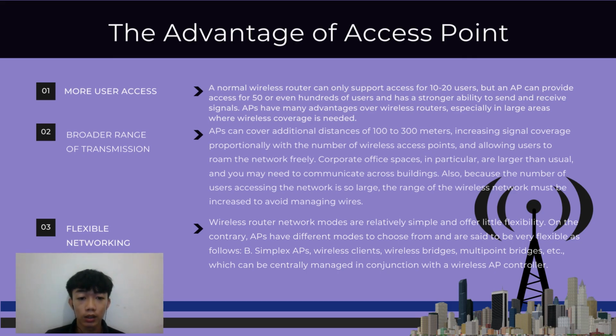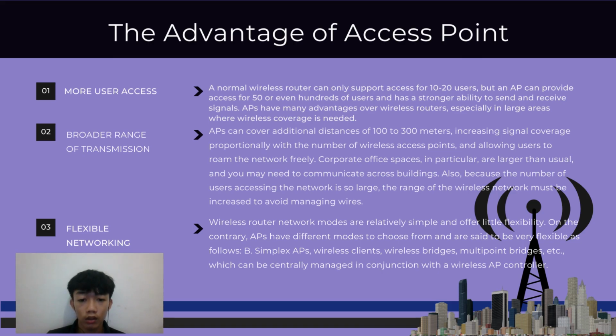Corporate office spaces, in particular, are larger than usual, and you may need to communicate across buildings. Also, because the number of users accessing the network is large, the range of the wireless network must be increased to avoid managing cables. The last advantage is flexible networking.